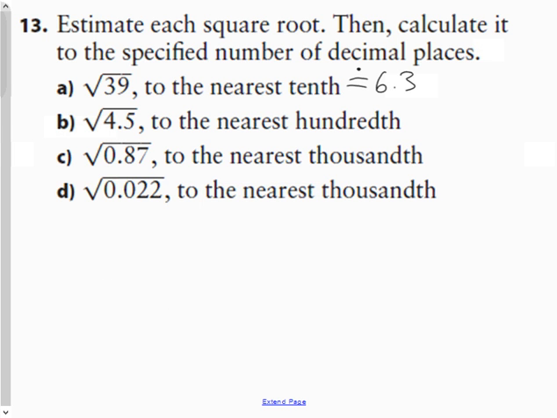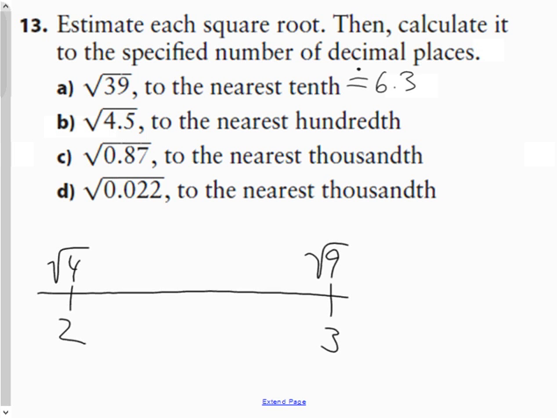The next one, 4.5. If I say what is the square root of 4 on my number line, that's 2. And the square root of 9 would be 3. So the square root of 4.5, well, that's really close to 2. It says the nearest hundredth, so let's go with 2.13 as my estimation.